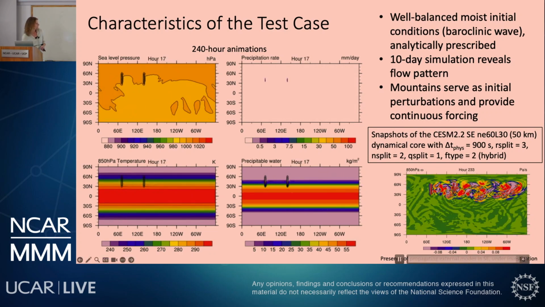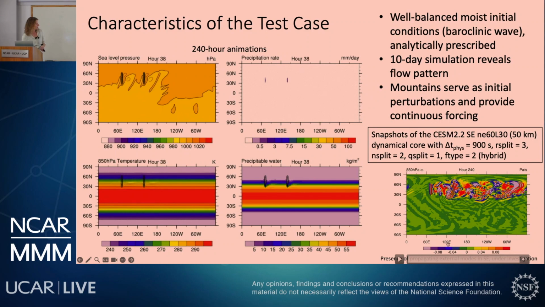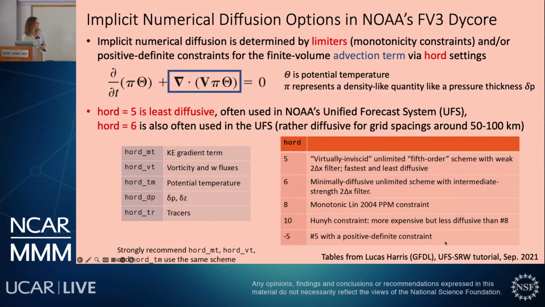Okay, let me just go to my next slide. Okay, all right. I start with the implicit numerical diffusion, and that's really a harder concept, which I really can't dive into, but let me just give you the main message. What this means is it's determining the diffusivity of that operator. This is basically the advection.